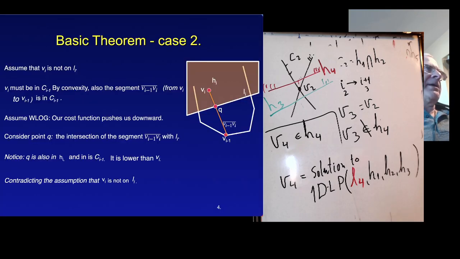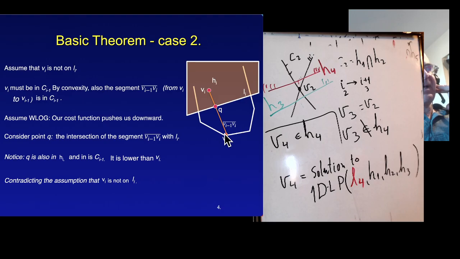Let's prove the second case. So here is Vi minus 1. Vi minus 1 is the lowest point in a bunch of half planes. Intersection of half planes, they define some polygon, I don't care who is whom. Here is Vi minus 1.